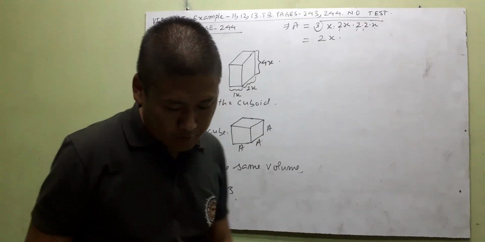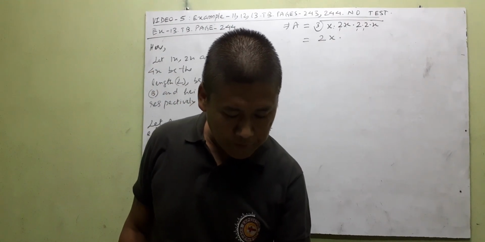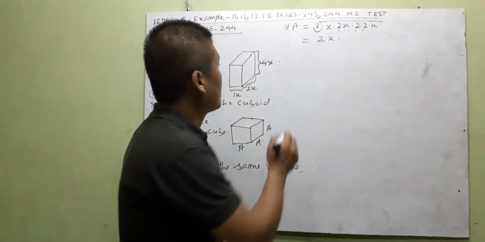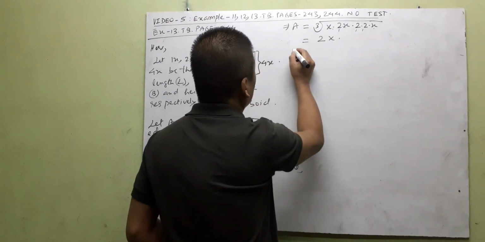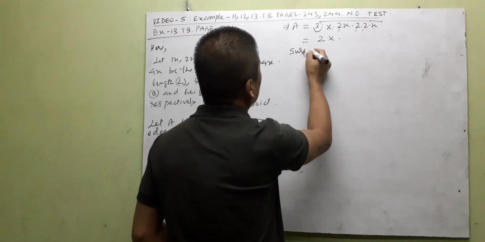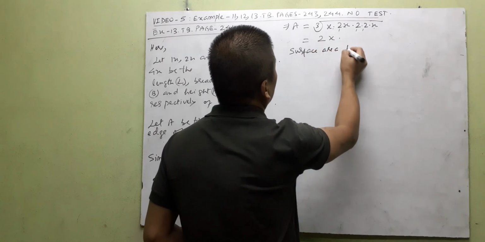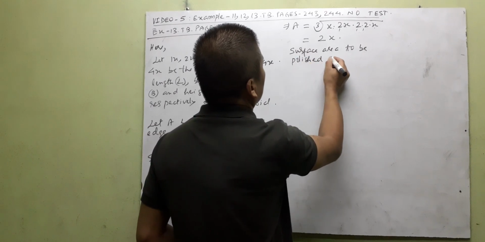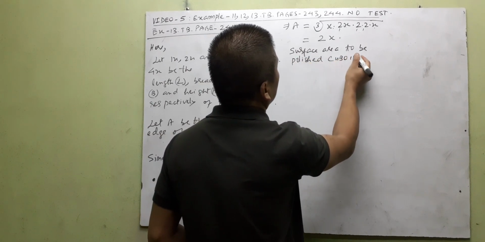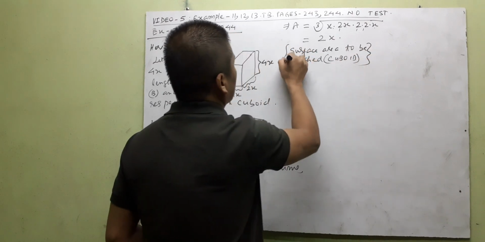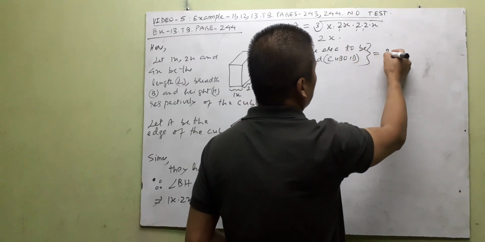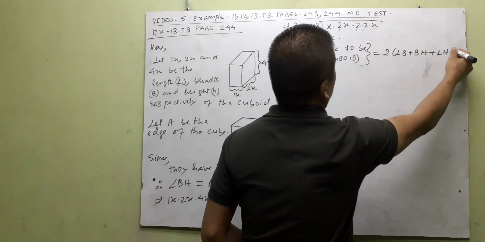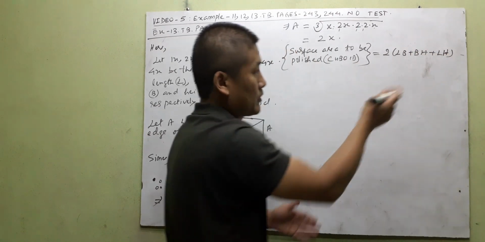Next, the question is saying, the difference between the cost of polishing the cuboid and the cube, so both are going to be polished. So let us calculate the surface area to be polished one by one. Maybe the cuboid first. For the cuboid, the total surface area is 2 into LB plus BH plus LH. They're going to polish the whole total surface area, so we're using that formula.